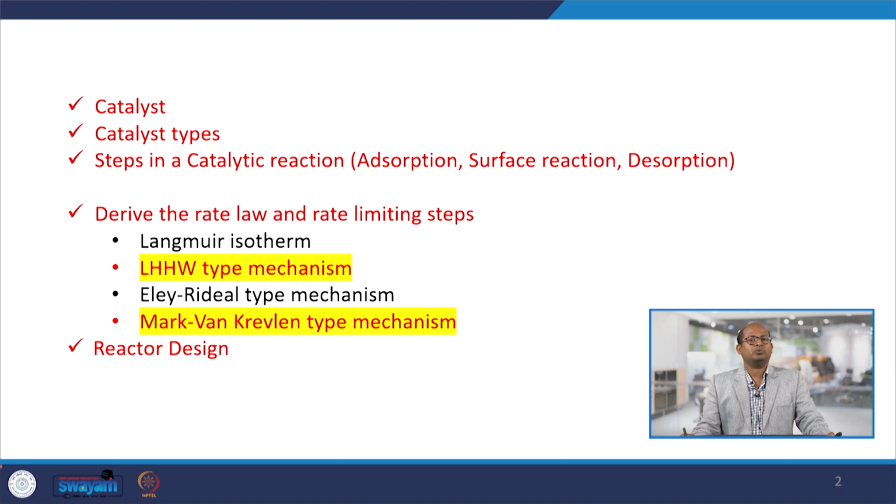Then we go to the second guess, the surface reaction, and validate that equation with the experimental results. If it fits, then we can say that the surface reaction was the rate determining step, and we can use that equation for this particular reaction.